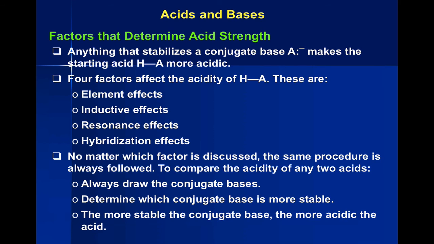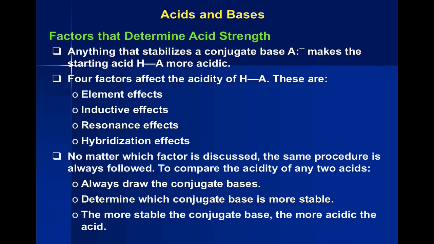So let's use the generic HA. And that dissociates to give H plus and A minus. Anything that can stabilize A minus is going to make that reaction go in that direction. In other words, it's going to make this a stronger acid.